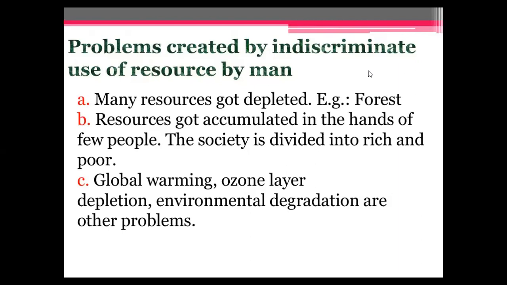And this is the result that society is divided into haves and have-nots, rich and poor. And exploitation of resources has led to environmental degradation, global warming, ozone layer depletion, the problems related to exploitation of resources.